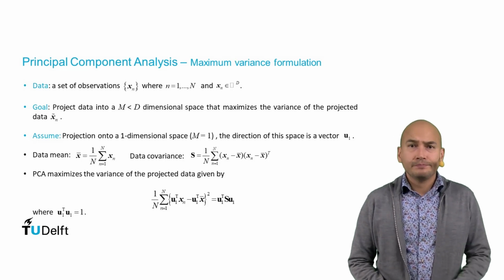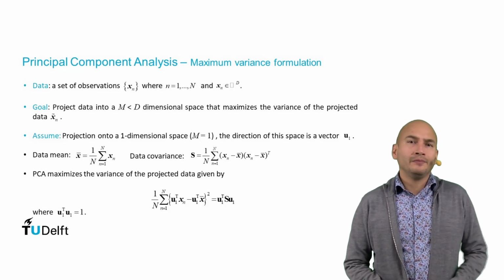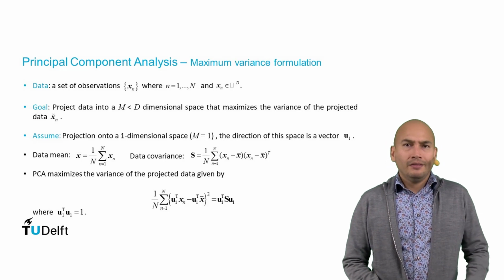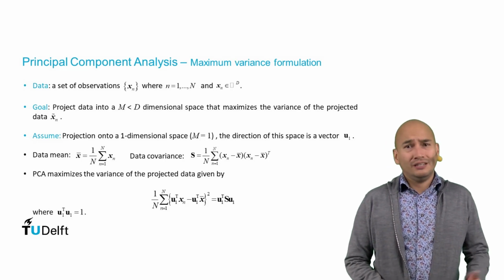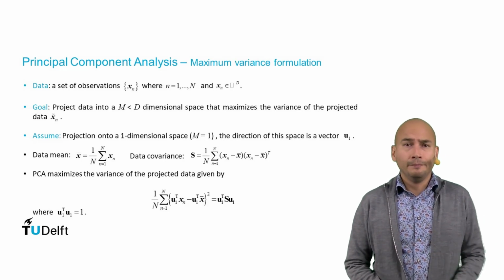To proceed, we define the mean of the data xn as x bar, and the data covariance matrix S using xn and x bar. The covariance matrix is introduced in linear algebra and probability theory, in case you need a recap.